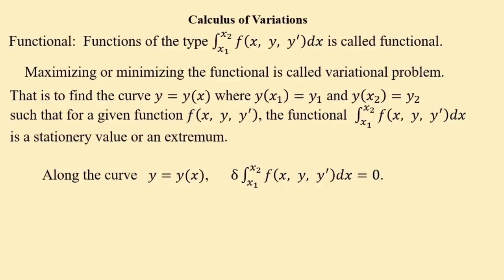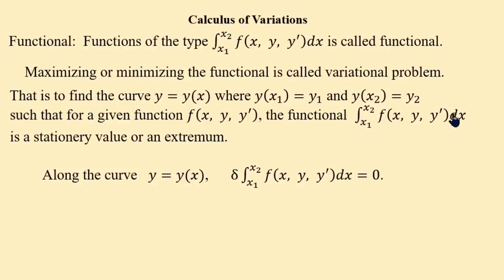It is nothing but to find the curve y equal to y of x, where y at x1 is y1 and y at x2 is y2, such that for a given function f of x, y, y dash, the functional integral x1 to x2 f of x, y, y dash dx has a stationary value. Stationary means either it is a maximum or minimum, or simply we can call it an extremum.